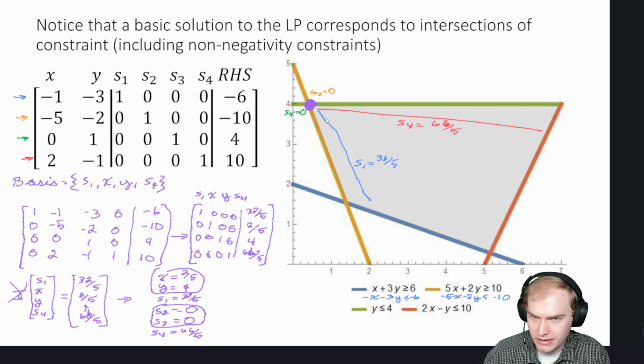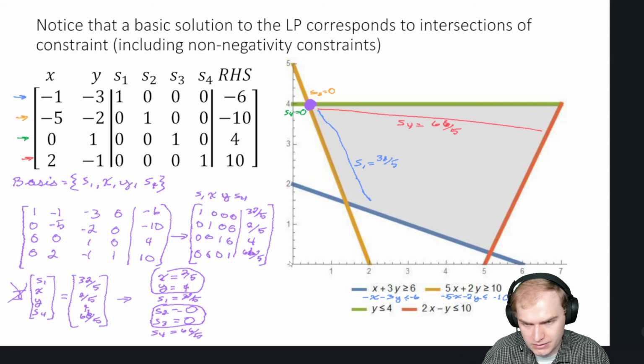And in fact, in the last slide, we had the origin, which was the intersection of 2 non-negativity constraints. So that is also valid. But in our problem here, it wasn't feasible.